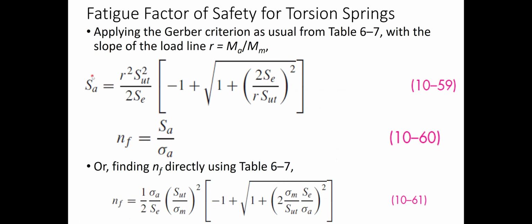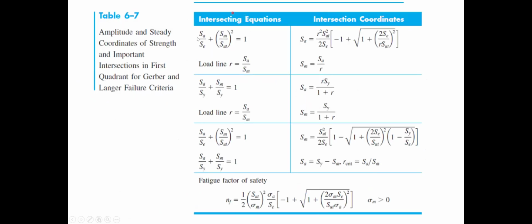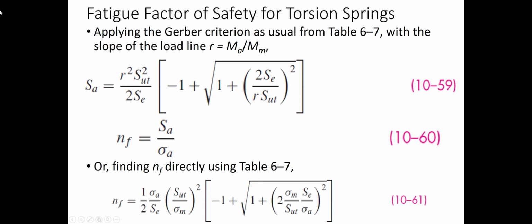So we can find SA, the alternating stress, depending on the different criteria with its load line. In this case, this is Gerber's criteria for the torsion spring.